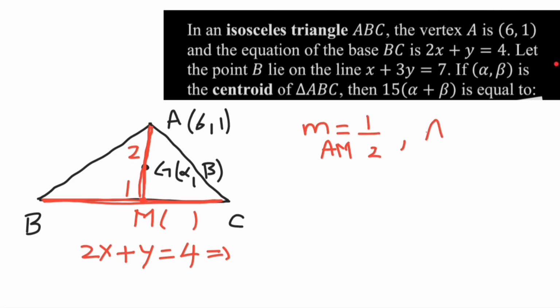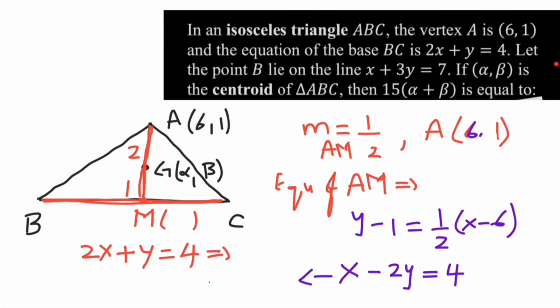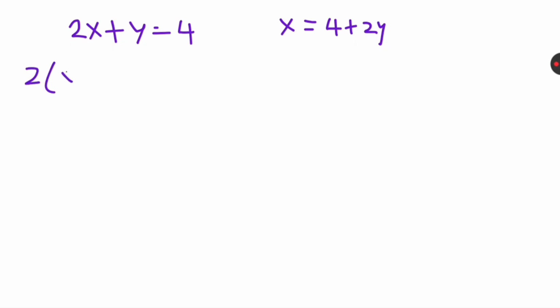And we know the point A, which is (6, 1). Using these two, we can find the equation of AM, isn't it? y - y1 = m(x - x1). After solving, we get x - 2y = 4. From here, x = 4 + 2y. If you substitute this x value in the BC equation, it becomes 2(4 + 2y) + y = 4.